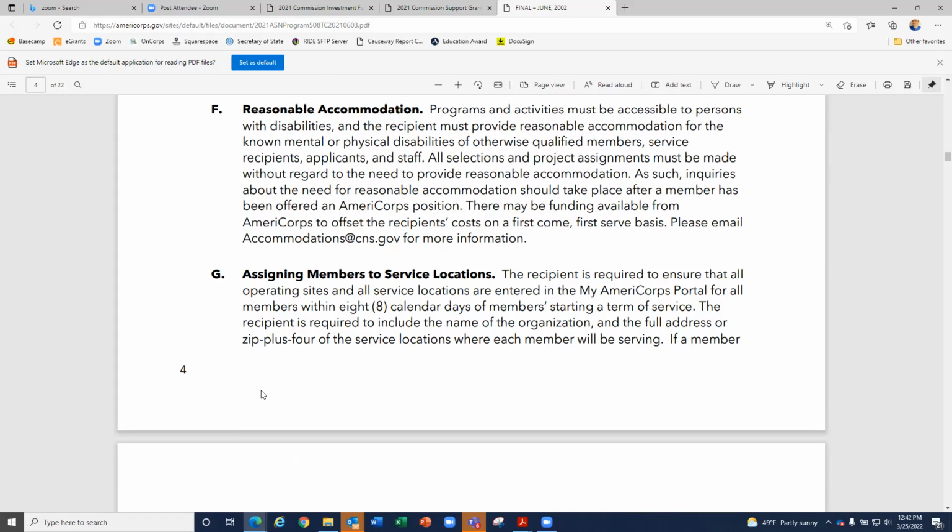This is an important topic to us. We have additional resources on having an inclusive program, and it's part of our tradition and culture to welcome individuals with disabilities into service.